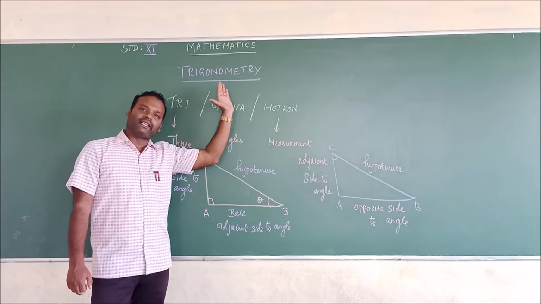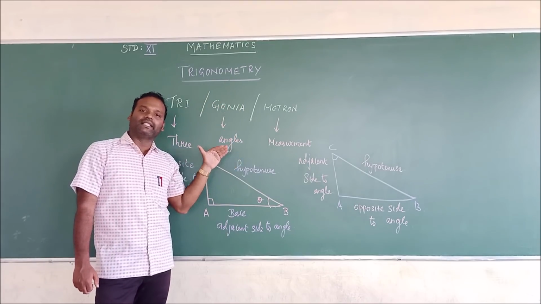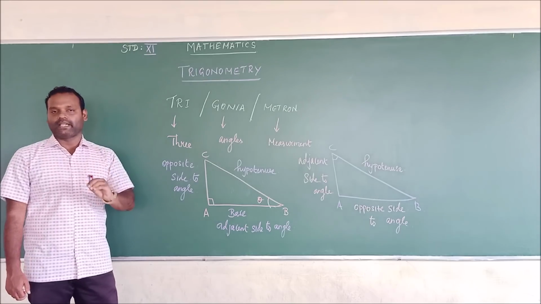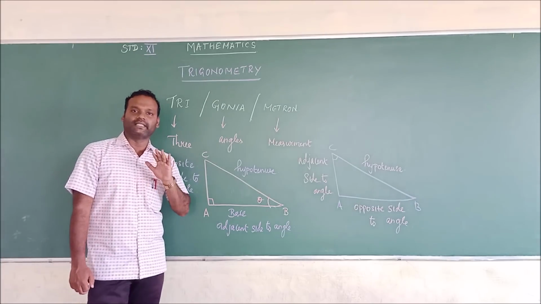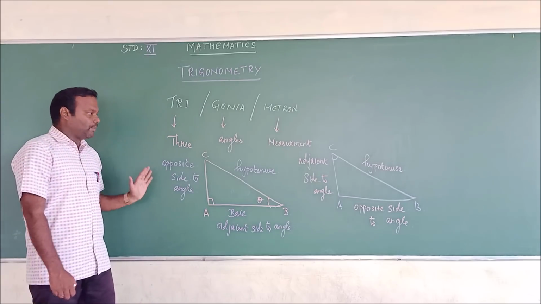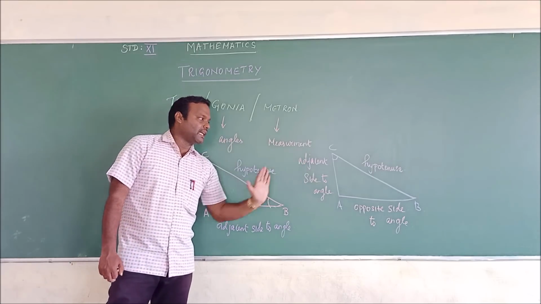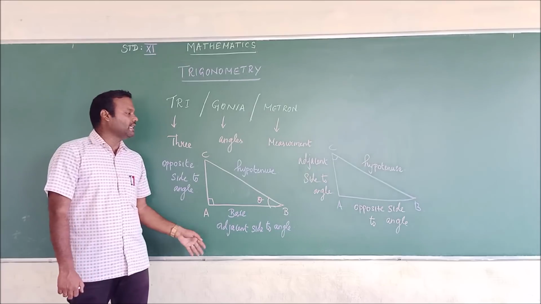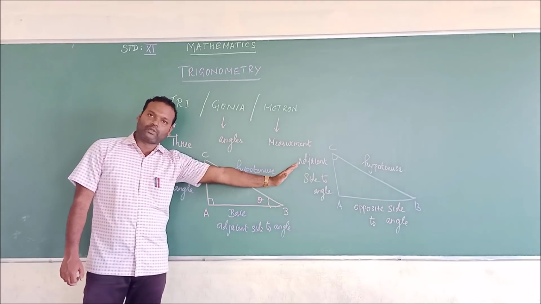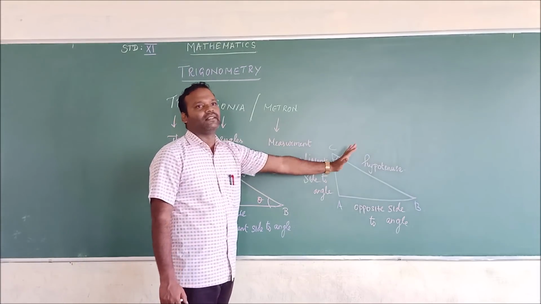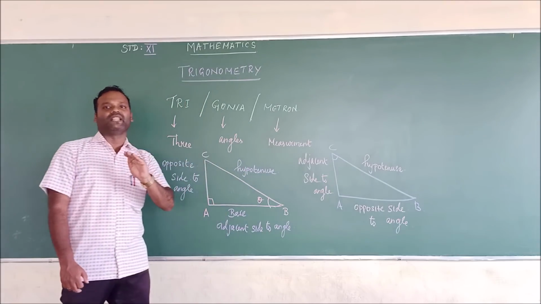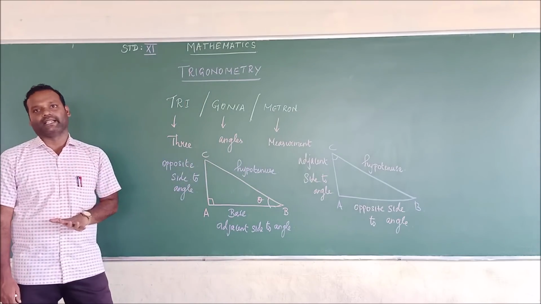Generally trigonometry is associated with right angled triangles. Let me take two right angled triangles CAB. There also I have taken the same triangle CAB. How to fix the three sides in a triangle?